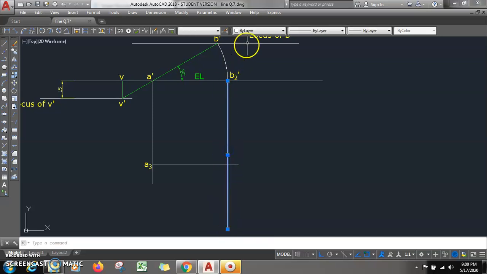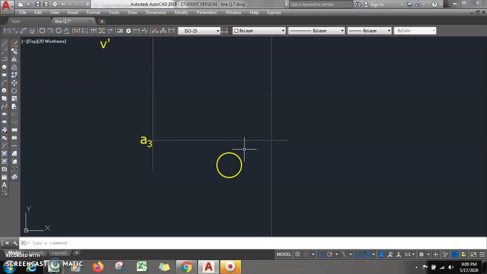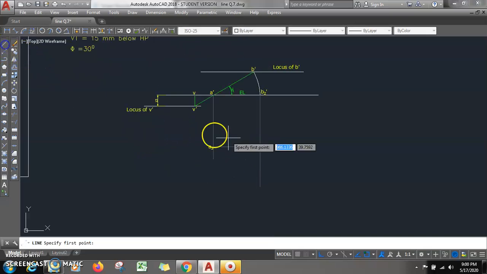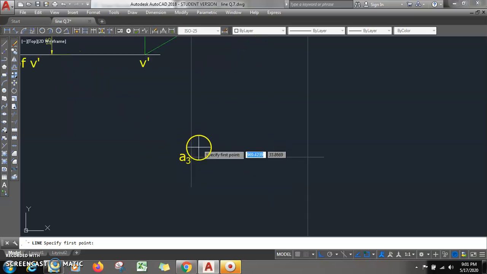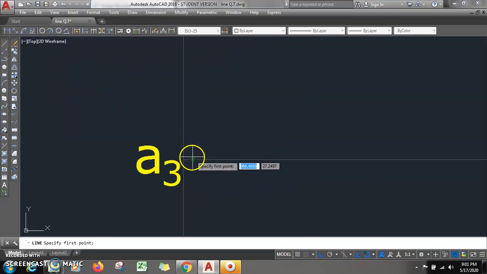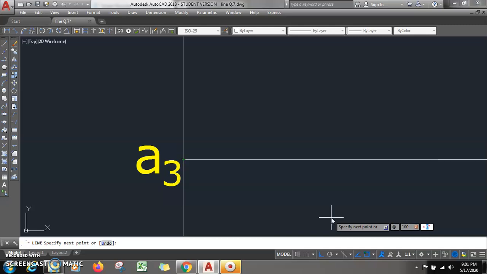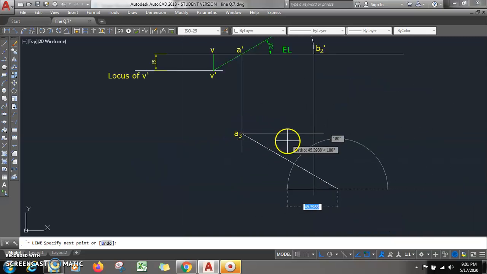ठीक है, this is nothing but projector, you see this is projector. Now from A3 we need to draw a line at angle phi. Phi is how much? You see, phi is equal to 30 degree. So from A3, shift at the rate, length is say 100, shift less than angle is -30 because it is clockwise. ठीक है, तो थोड़ा excessive length ले लिया हमने.